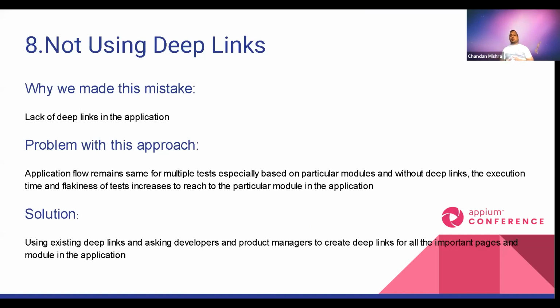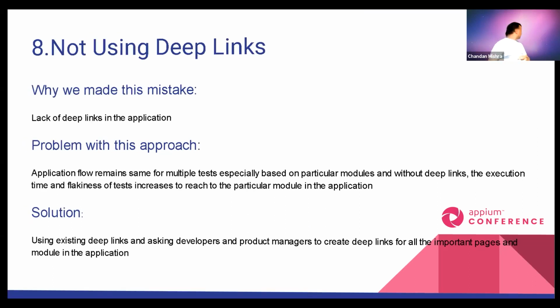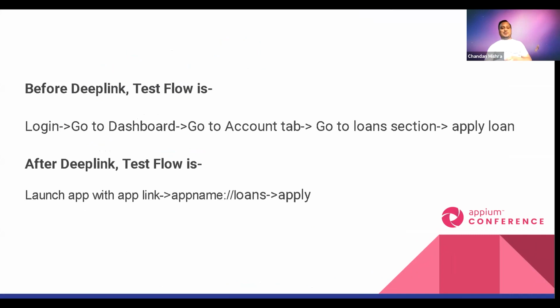Using deep links. Okay, this is the biggest impact maker. So without using deep links, let's say you go through a test flow for login, go to the dashboard, go to the account tab, go to the loan section and then apply for a loan.